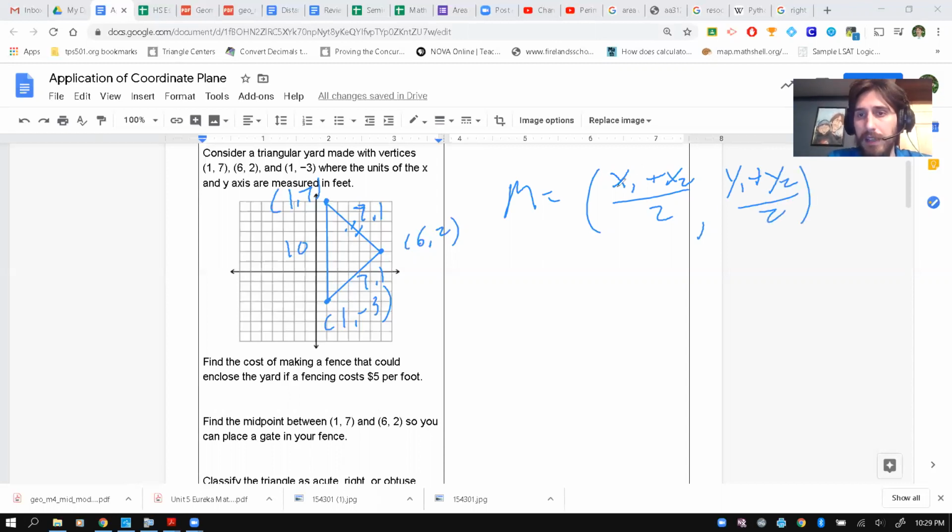Basically, you're taking the average of your x values and the average of your y values. And again, it doesn't matter which one you call your first point or your second point. To be consistent, I'll stick with this as my first point and this as my second point. So the midpoint here is going to be 1 plus 6 divided by 2, and 7 plus 2 divided by 2.